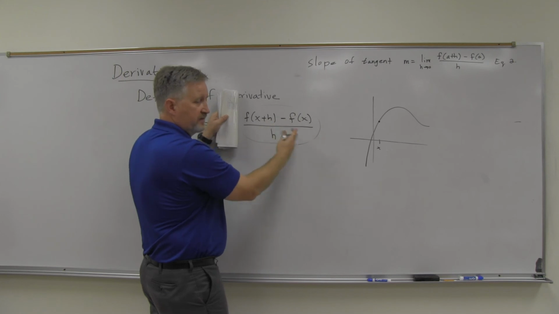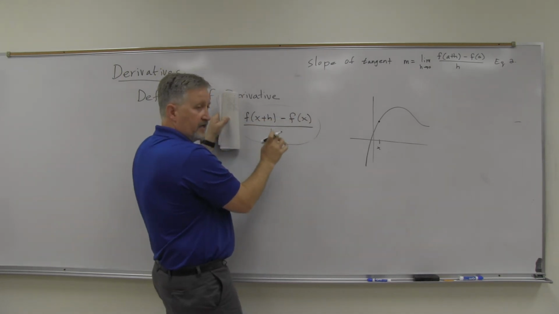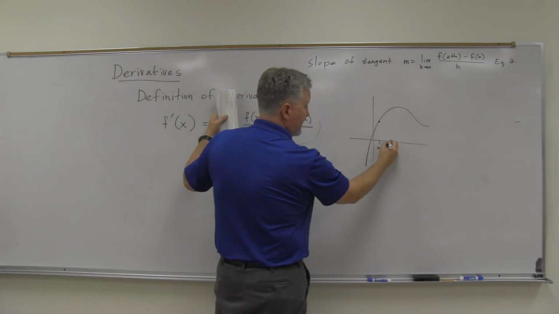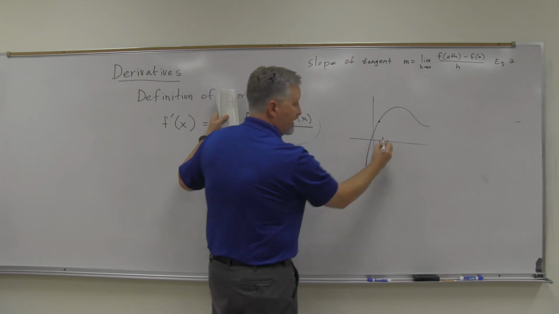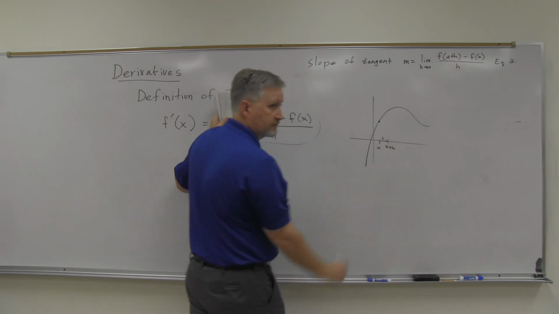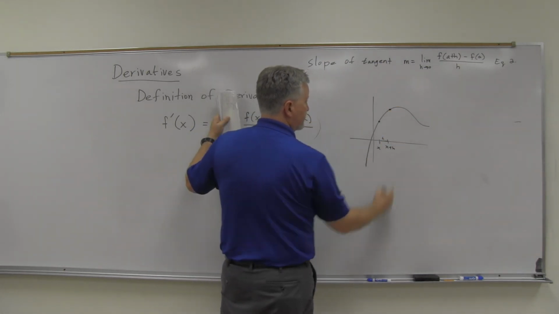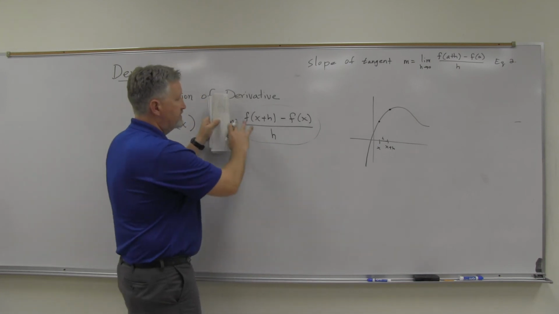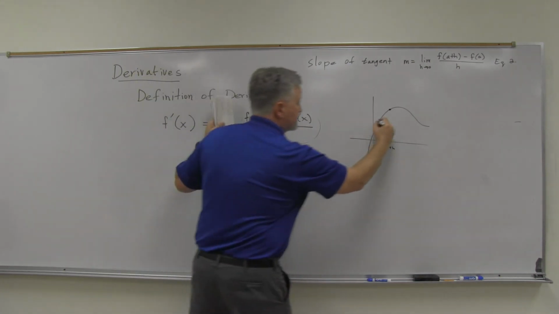Well, what does this give me? That gives me the slope of a secant line. If I go out h units from that x, and I'm going to exaggerate, I probably wouldn't go out this far, but if I go out h units, that puts me at x plus h, which puts me at this point. So what does this give me? It gives me the slope of this line, doesn't it?